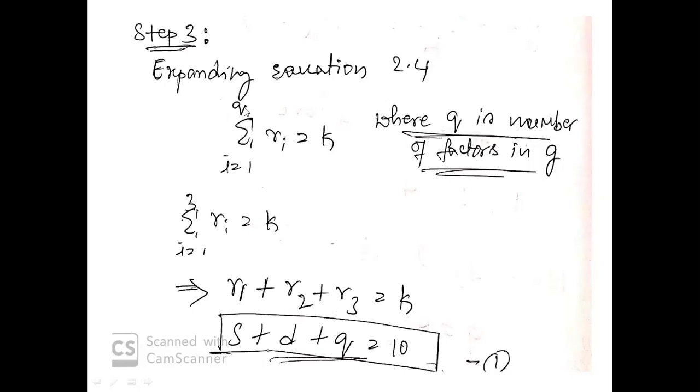If you expand ri, it will be r1, r2, r3, which is equal to k. The first simultaneous equation in this case becomes s plus d plus q is equal to 10.